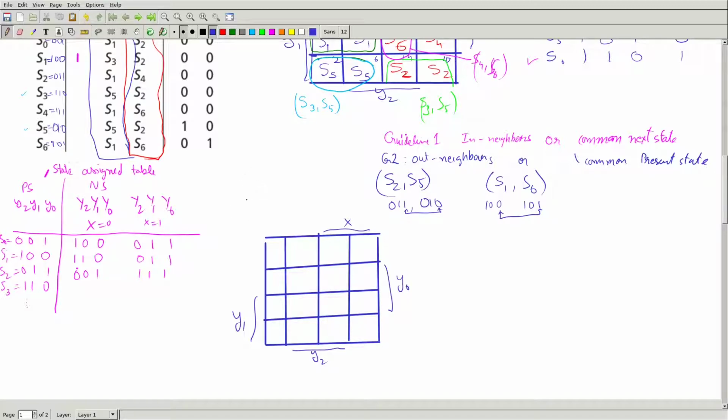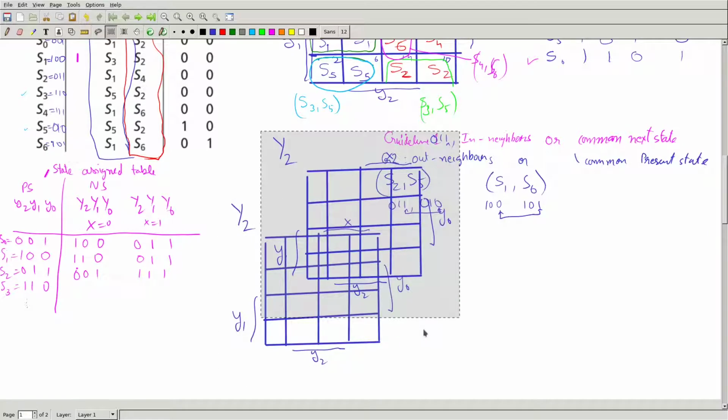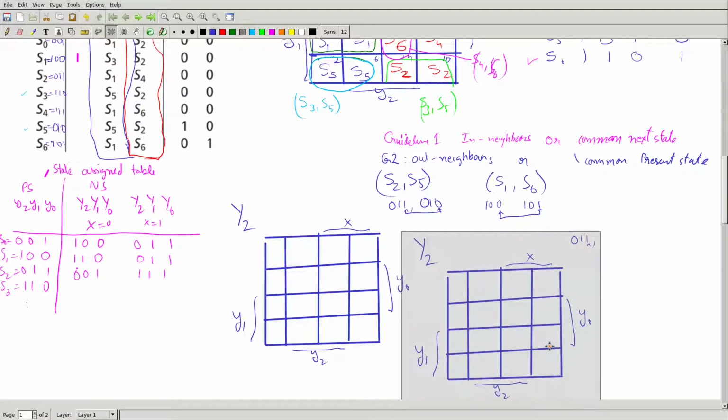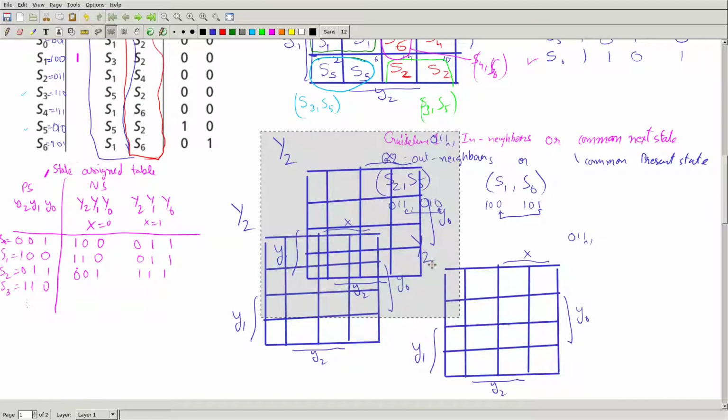And our next state is made up of 3 blocks. So y1, y2, y3. So let's copy this over here and paste again.